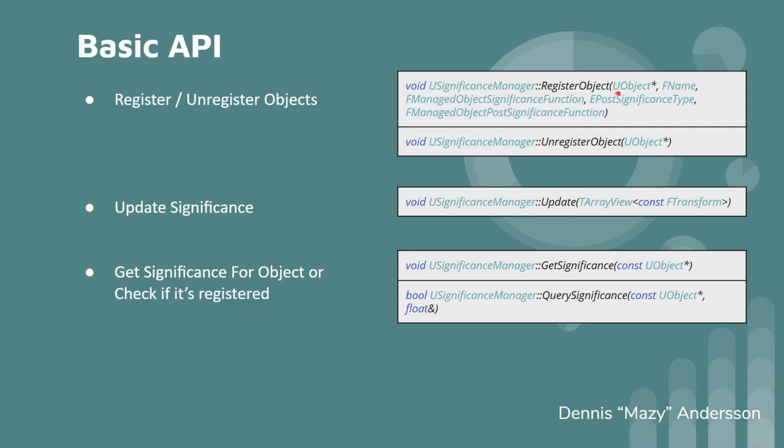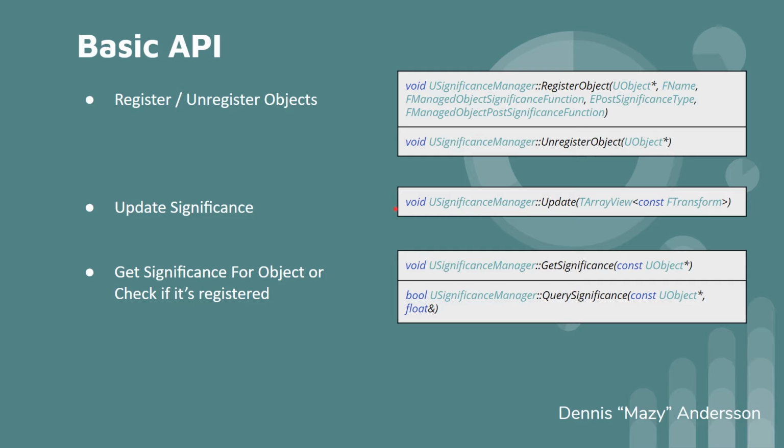So instead of having to cast a UObject when you try to figure out what it is, you can just do it by the tag. It also has a post significance type, which is whether or not you should run this post significance function concurrently or sequentially. If you do want it to run concurrently, you have to make sure that the contents of this are thread safe. Then we can also unregister the object from the manager.